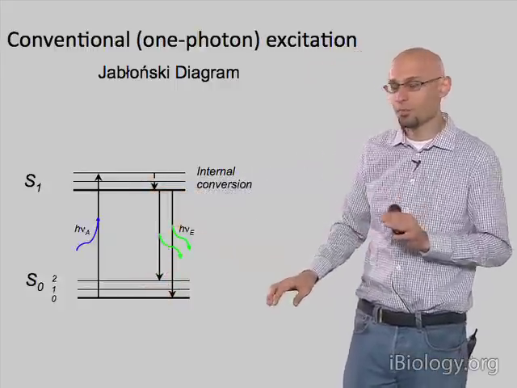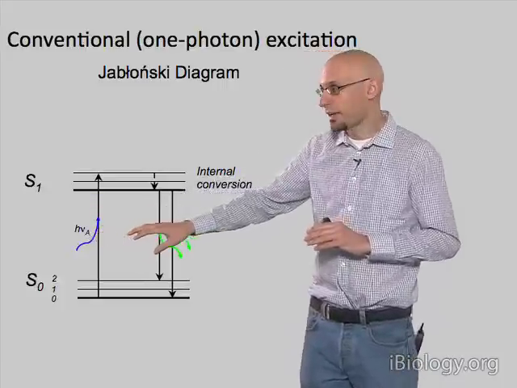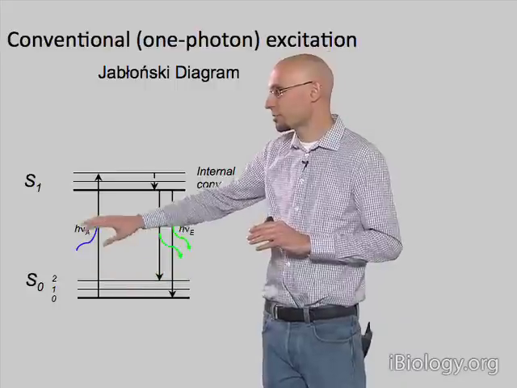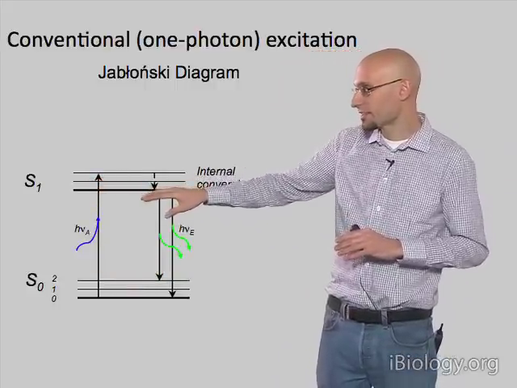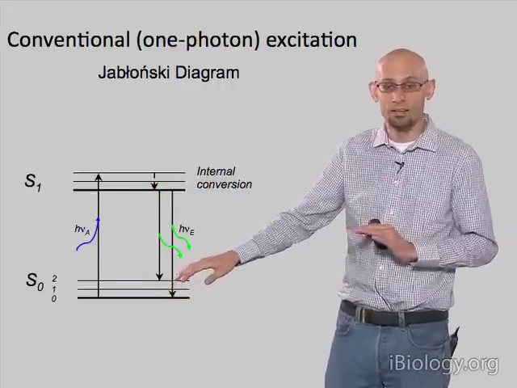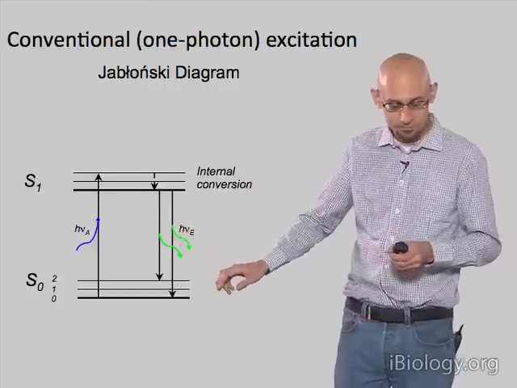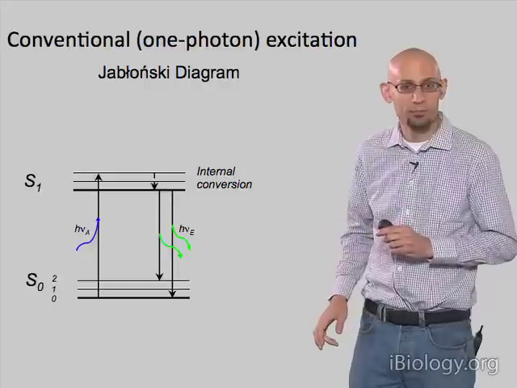And in normal fluorescence microscopy, you use a wavelength of light, here we're showing it as blue, that is high enough energy to excite this molecule from the ground state to the excited state. There's some internal conversion here where this relaxes. And then eventually it drops back down to the ground state, giving off some emitted light, these green photons here. And this is conventional, one-photon fluorescence microscopy.